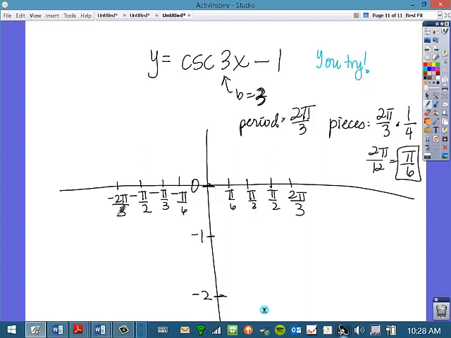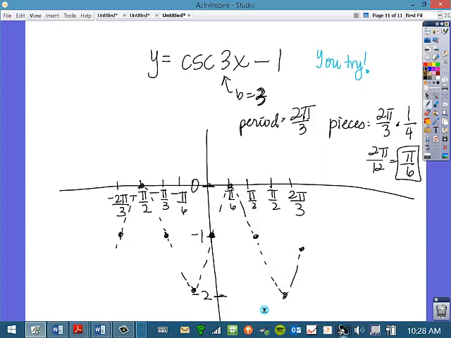All right, I'm graphing the sine function, so I'm going to start in the middle and go up. Here's my sine function.